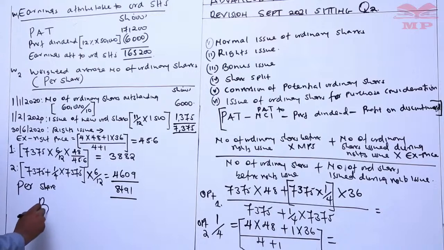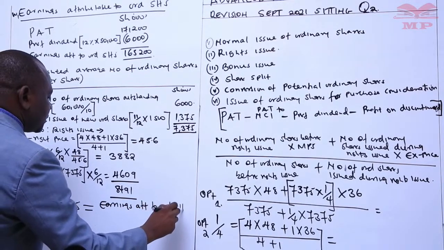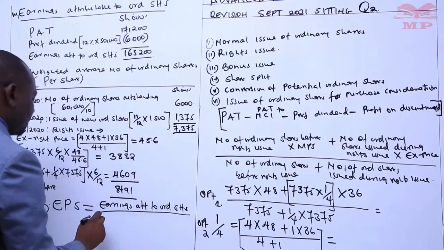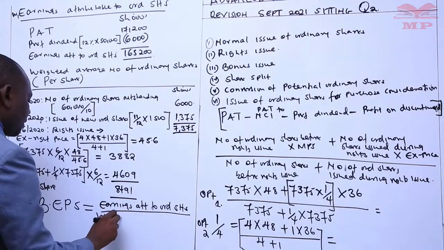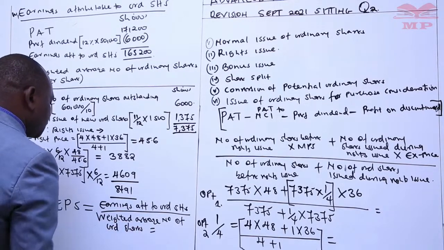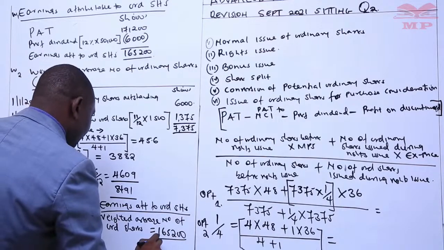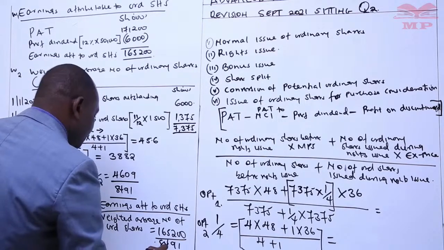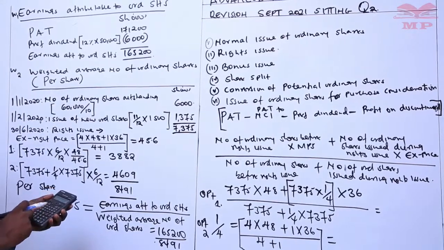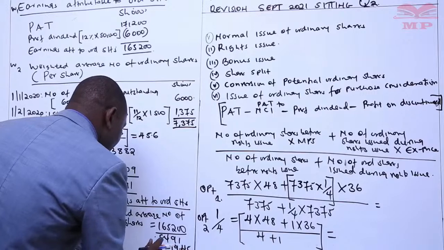And so basic EPS is equal to earnings attributable to ordinary shareholders over weighted average number of ordinary shares, which is equal to 165,200 over 8491, and you get 19.45 per share.